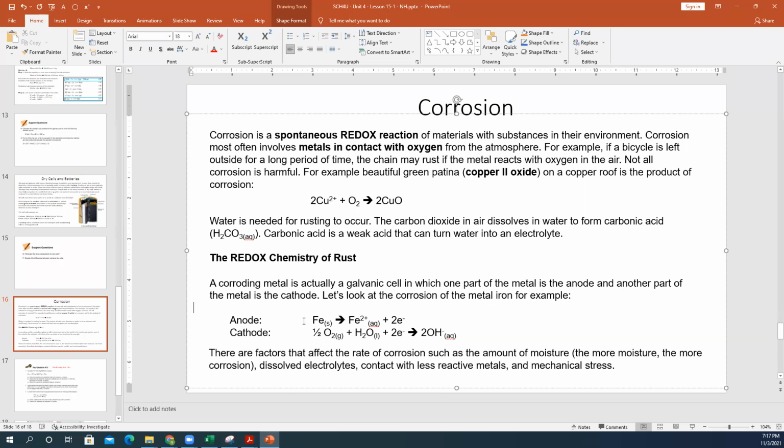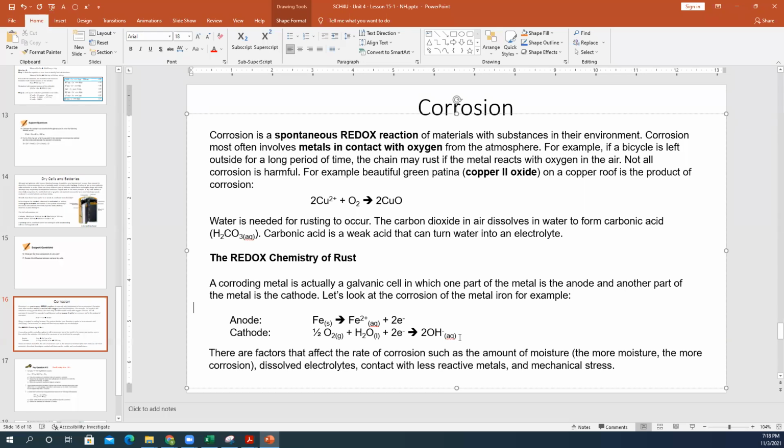At the anode, you have your solid iron before it gets all rusty, and when it starts to rust, it becomes iron +2 ions plus 2 electrons. Now at the cathode, you have oxygen and water gaining 2 electrons, becoming reduced to give hydroxide ions.